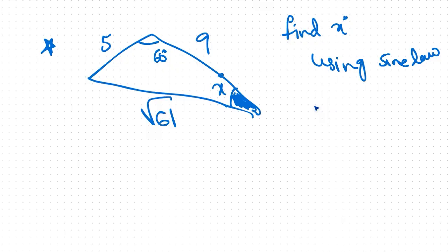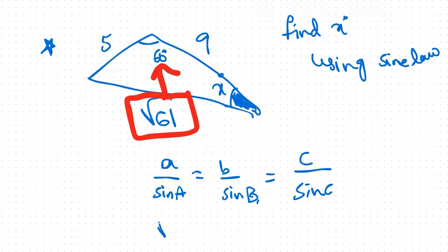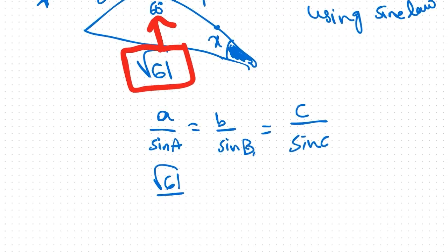Try to recall the formula. It was a over sine A, then b over sine B, and then c over sine C. It should be root 61 upon sine of 60 degrees: the side length divided by sine of the opposite angle, which is 60 degrees.